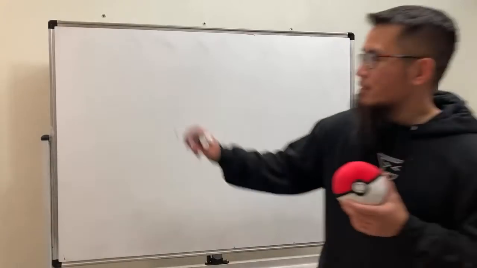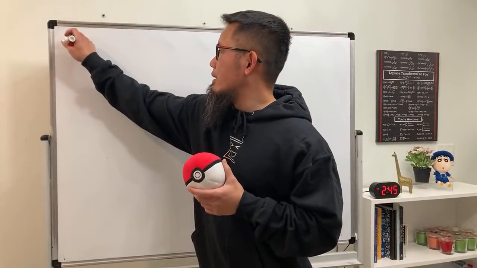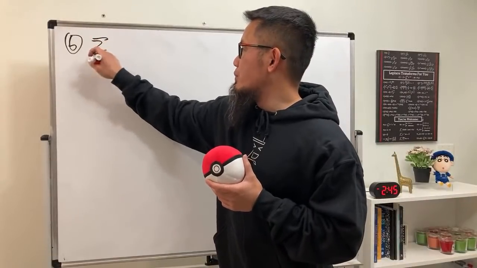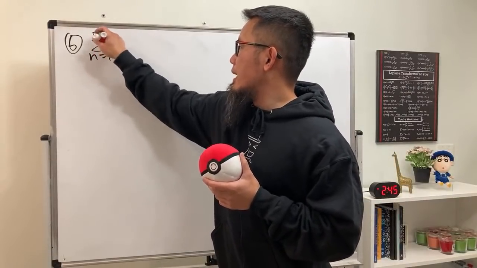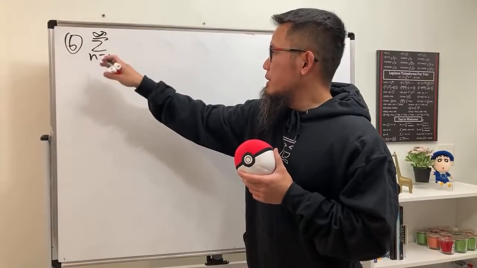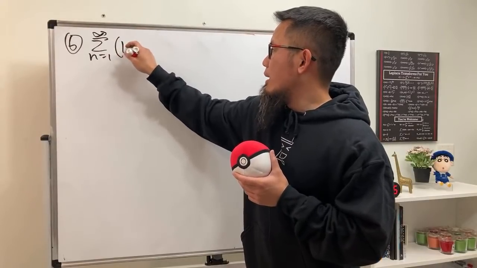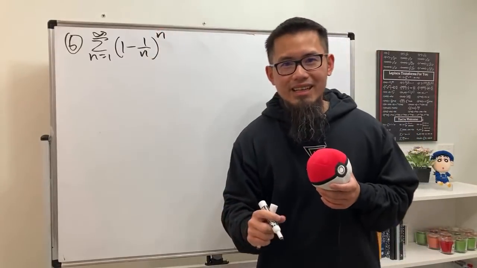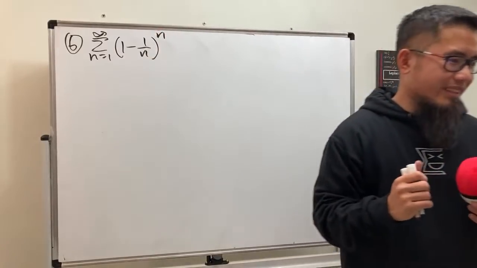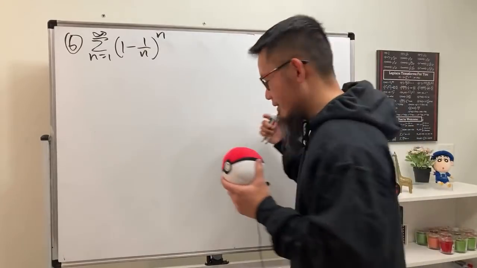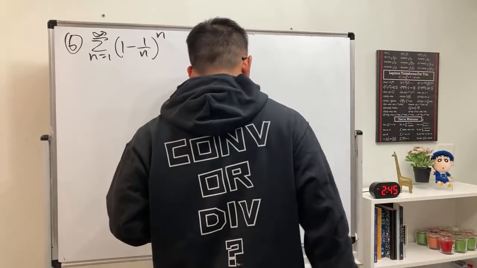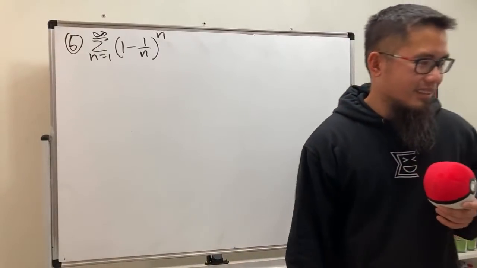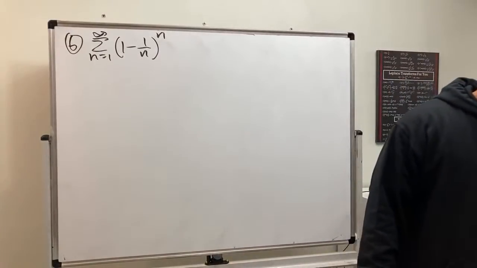All right, number 6 is a fun one. You have actually seen this before in my previous live stream, but here we go. The series of 1 minus 1 over n, raised to the nth power. You guys do this real quick. Does it converge or diverge?